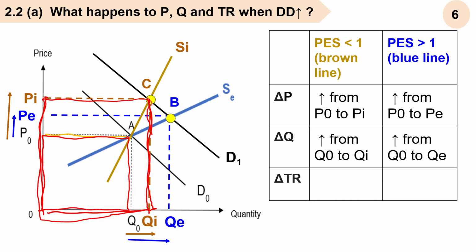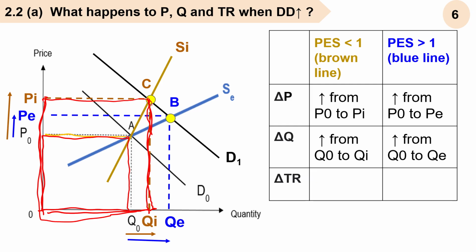Okay, let me change to blue. If we look at PES more than 1, what is the initial total revenue? P0, Q0. Okay, that's a diagonal line. P0 to Q0 is a diagonal line.